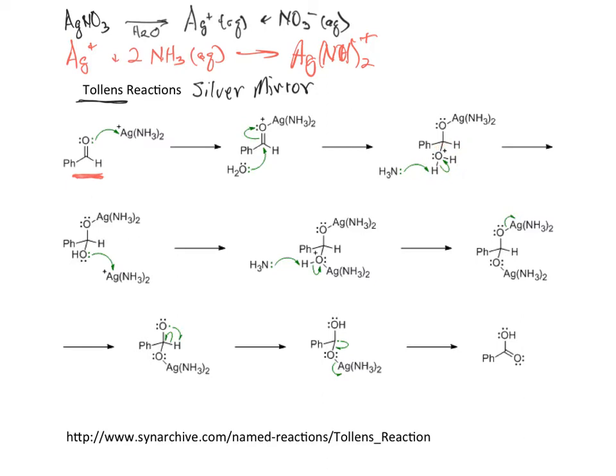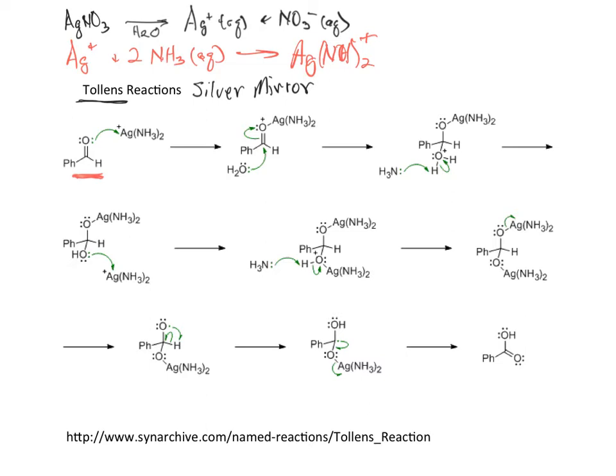The tetrahedral oxonium ion is acidic, and with the ammonia in solution, ammonia can act as a base, take the extra hydrogen ion, and then we get this hydroxyl group. In the next step, this hydroxyl group acts as nucleophile, attacks another silver ion.